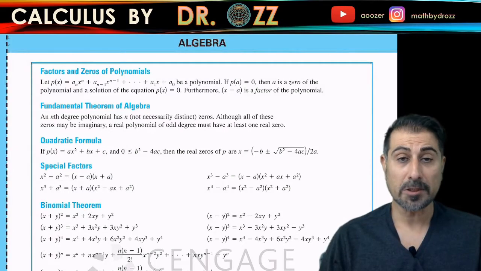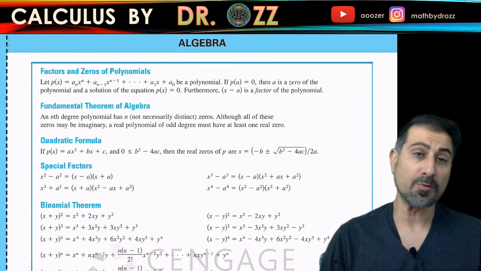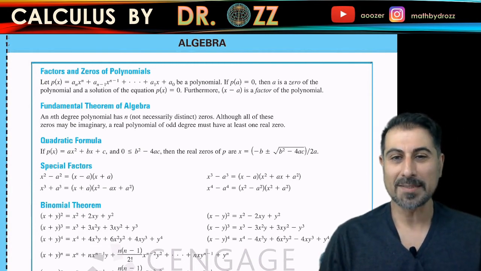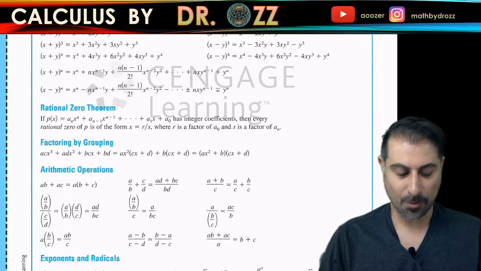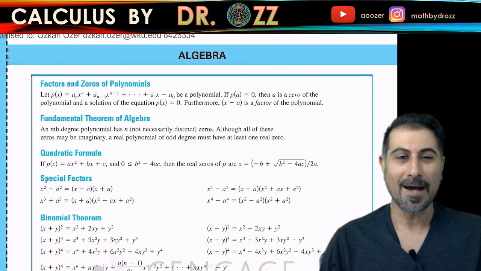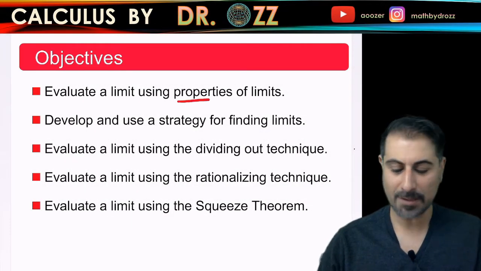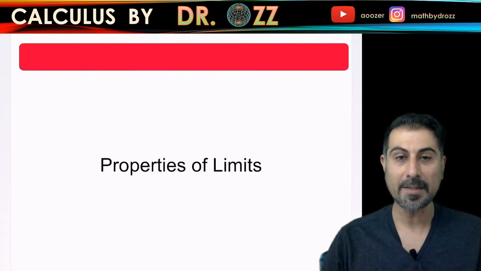The techniques that we're going to learn in this section heavily use algebra. So you have the algebra formula card in Blackboard. Please refer back to this formula card for your own reference, because that's what I'm going to do in my videos. All right, let's start with the first learning objective, which is the properties of limits.